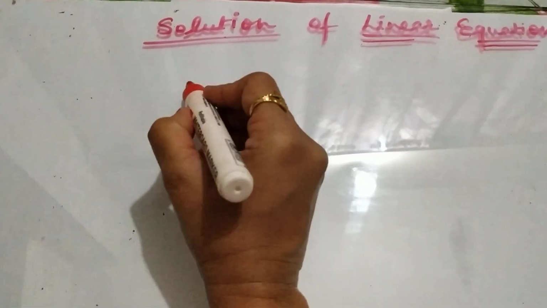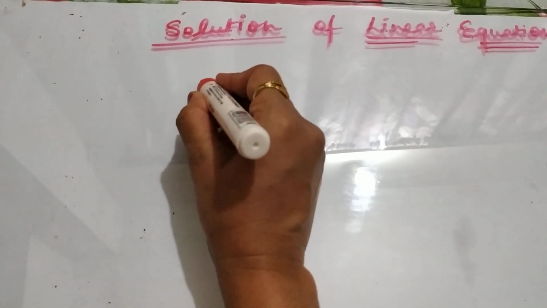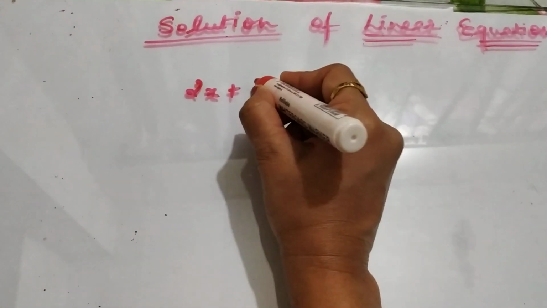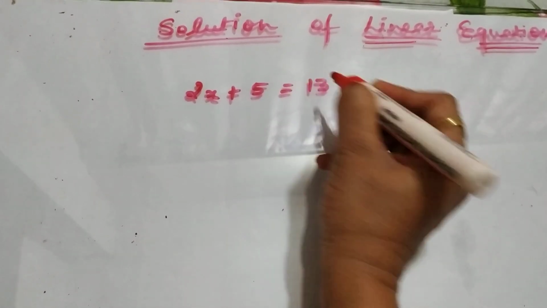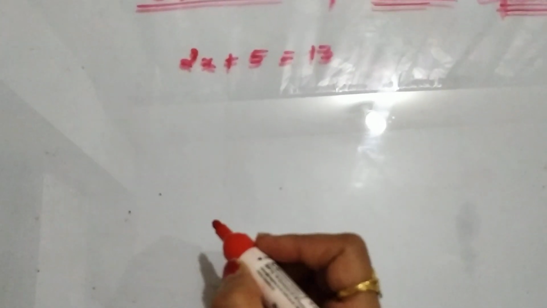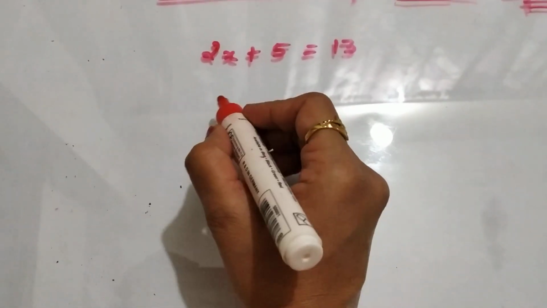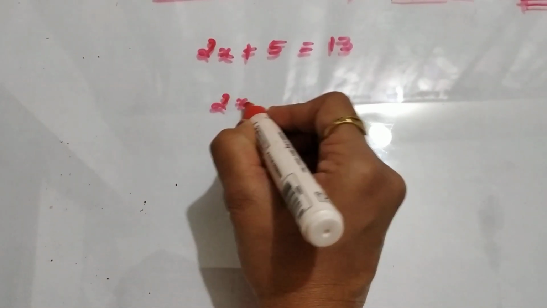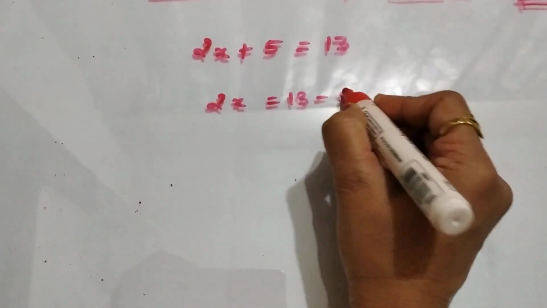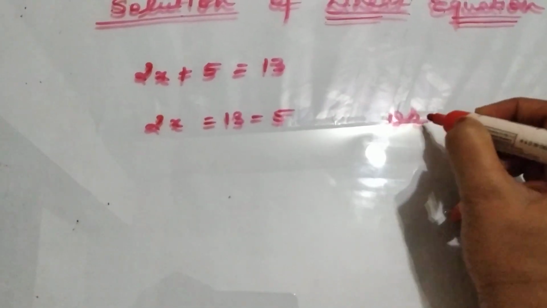Now, the major problem of students. 2x plus 5 equals 13 is a linear equation. Some students solve this question like this: 2x equals 13 minus 5, or some students solve it like x plus 5 equals 13. They are totally confused about which number to take first from the left side to the right side.